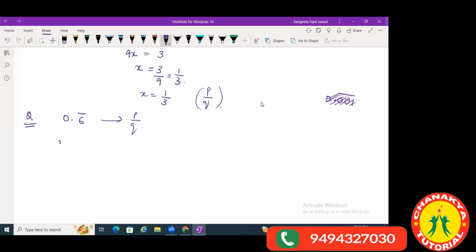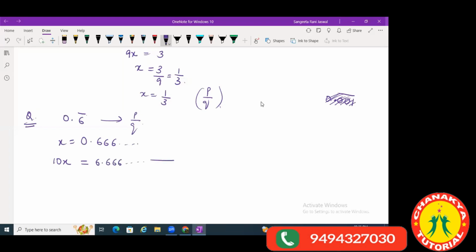So that means we'll take our x to be 0.66, because 6 is repeating so many times. Okay, since only one digit is repeating, what we will do is multiply this by 10. So when we multiply this by 10, the decimal point will be shifted one place, so this becomes 6.66 and so on.